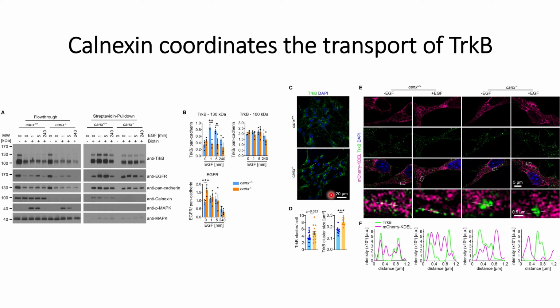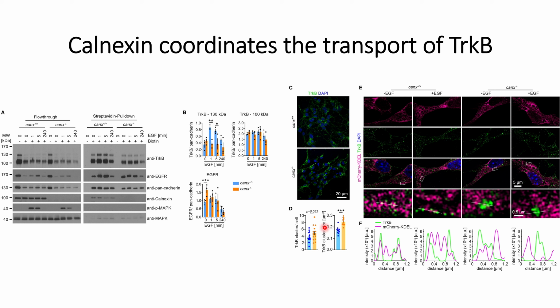And they validated these things using panel C, where the immunostainings of TrkB and DAPI are shown. Where the calnexins are present, they can see that the TrkBs are spread across the sample. However, when calnexin is absent, they can see that lumps of TrkBs are formed.